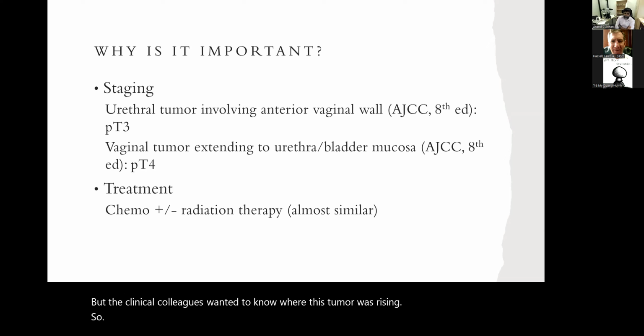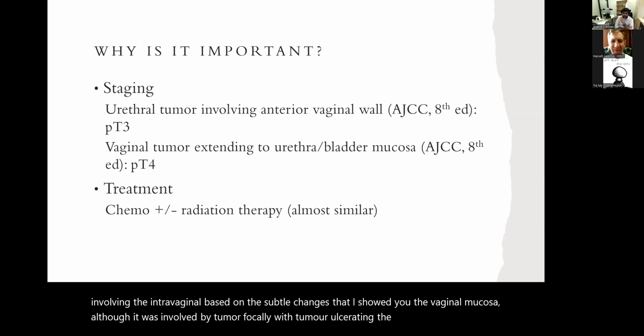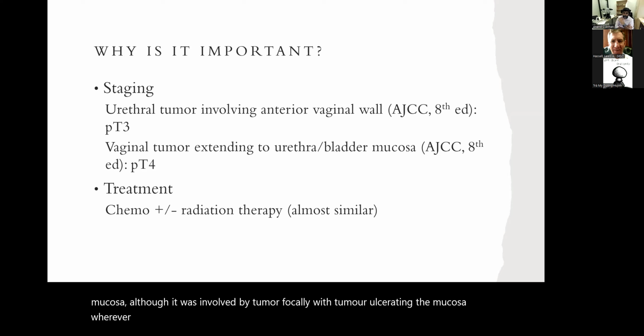So in pathology we could help them out, saying that this was a urethral tumor involving the anterovaginal wall based on the subtle changes that I showed you. The vaginal mucosa, although it was involved by tumor focally, with the tumor ulcerating the mucosa, wherever we looked at the vaginal mucosa, the sections that I put in did not show any dysplasia.